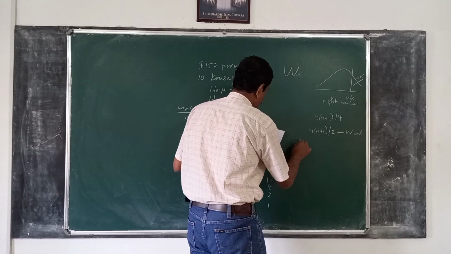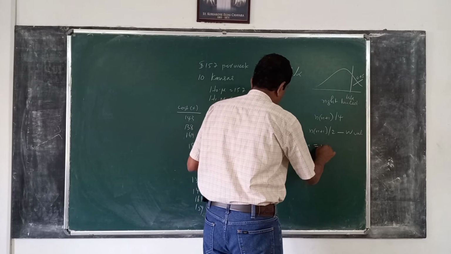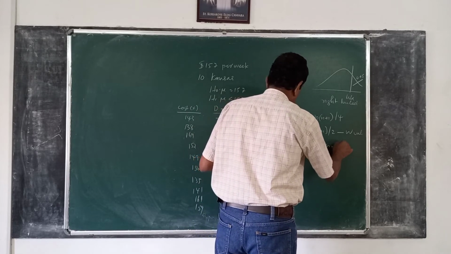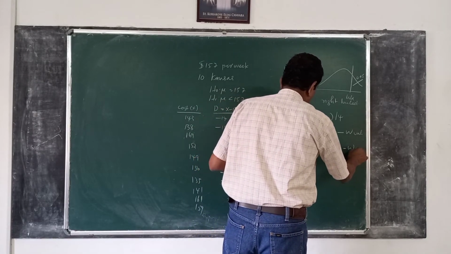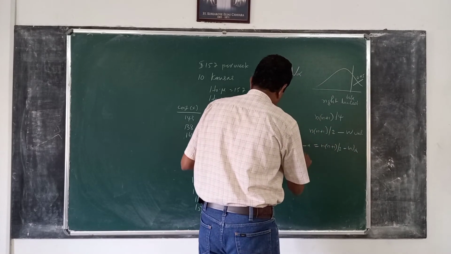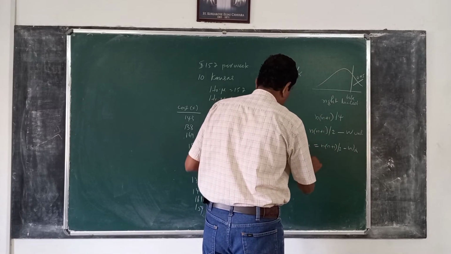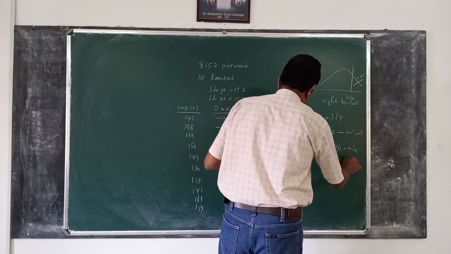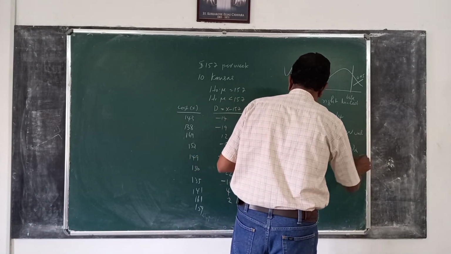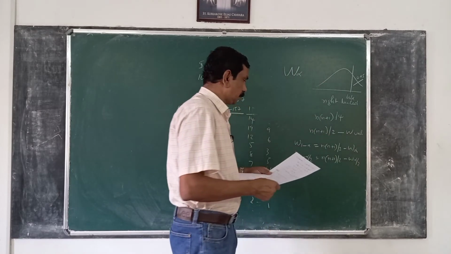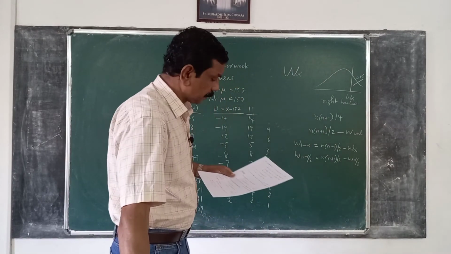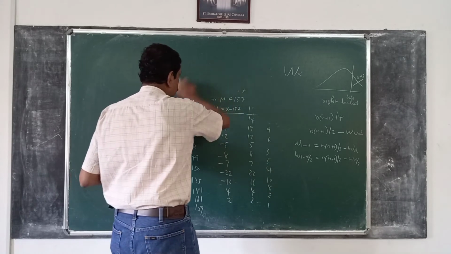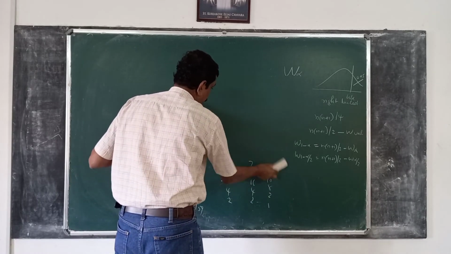That is, W(1-alpha) = n(n+1)/2 - W(alpha), and W(1-alpha/2) = n(n+1)/2 - W(alpha/2). So we can obtain critical values for a right-tailed test, left-tailed test, and also a two-tailed test.